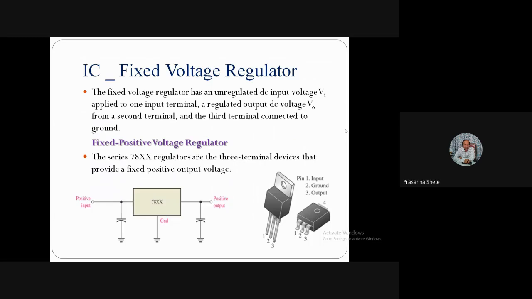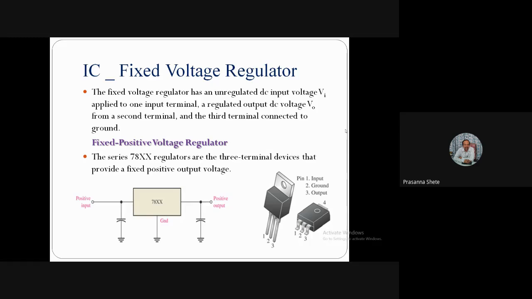So we have the fixed positive voltage regulator, which is given by the IC 78XX, which has three terminals as shown in the figure. On the left hand side, we have a block diagram of the fixed voltage regulator, positive of course, because it is 78XX. That 7 indicates a positive voltage regulator.